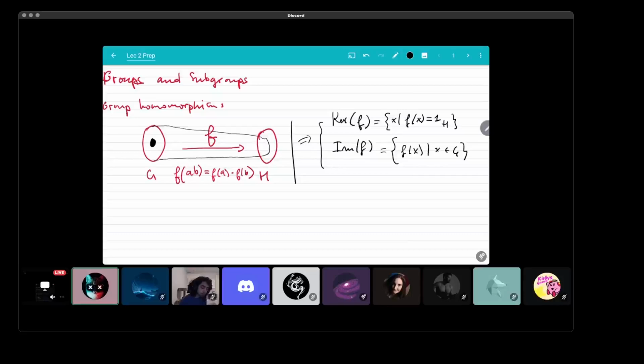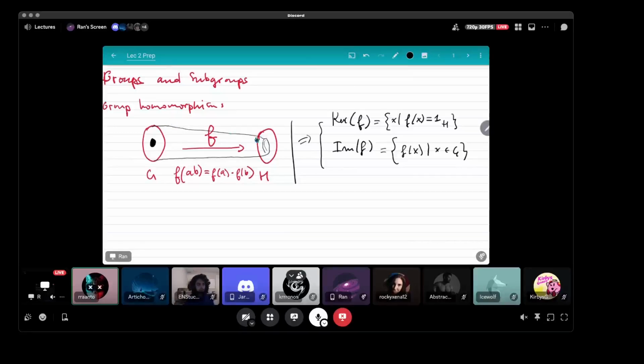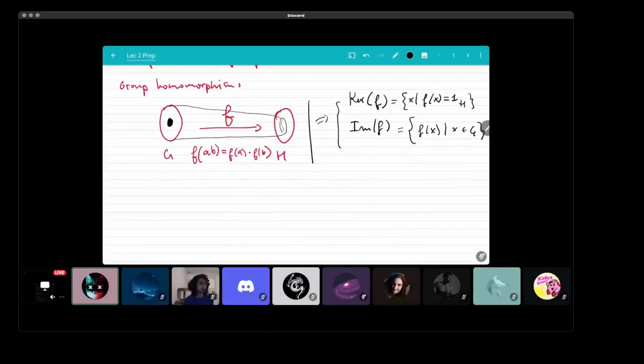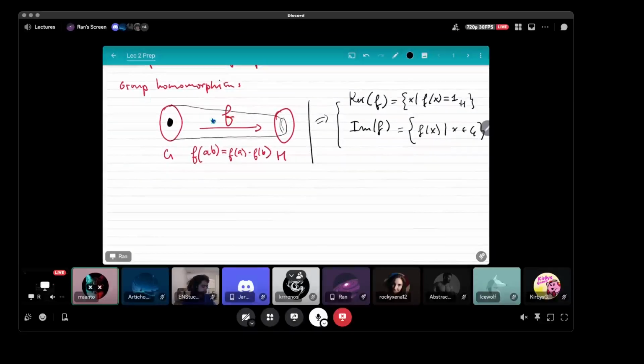It's kind of a transportation of G to the new group, so that G kind of lives in the new group. And we've seen that those are both subgroups.